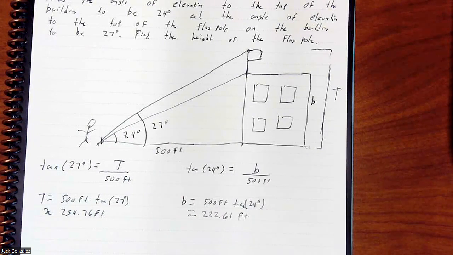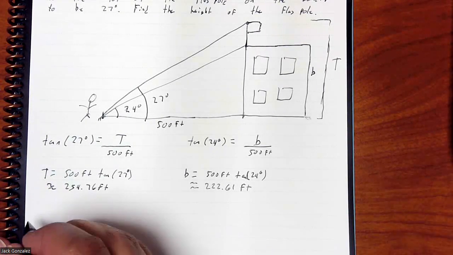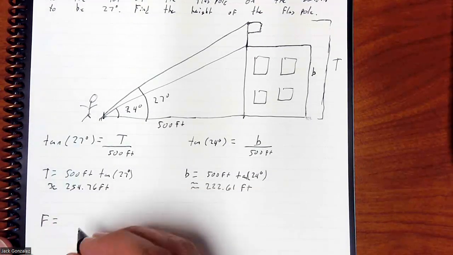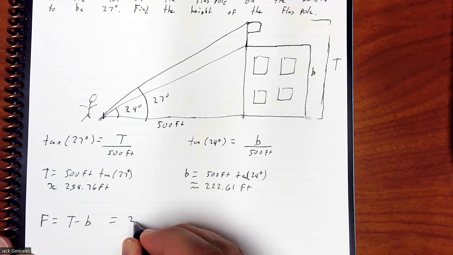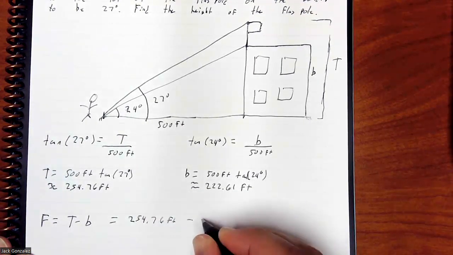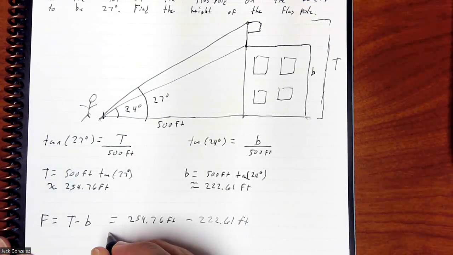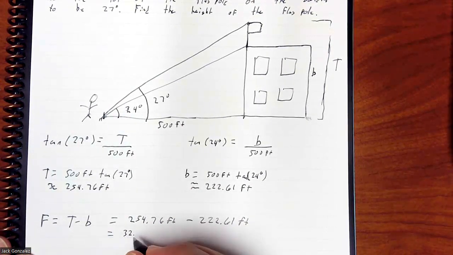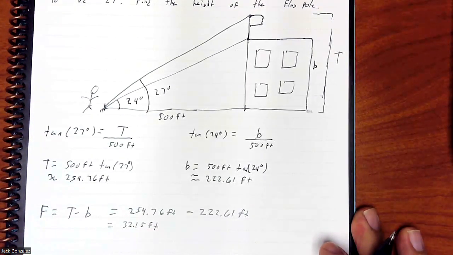Okay. So I have the height of the building and the height of the building plus the flag. Subtract the two and you got the flag. So the flag will equal T minus B, which is 254.76 feet minus 222.61 feet, which is 32.15 feet. It seems reasonable for a flag.